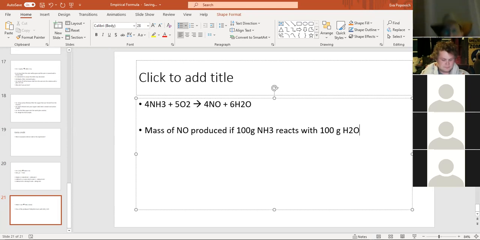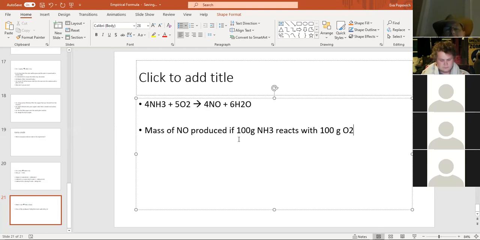Okay. This is a limiting reagent problem. I know that because I'm given an amount of one reactant and I'm given an amount of the second reactant. 100 grams of ammonia is reacting with 100 grams of O2, correct? Yes.